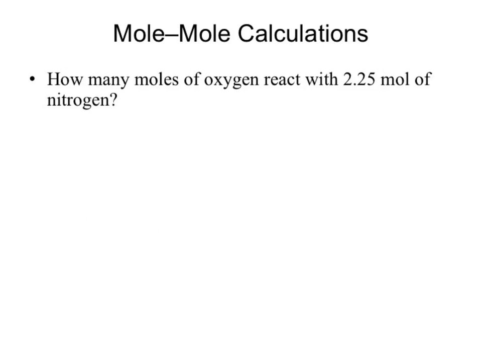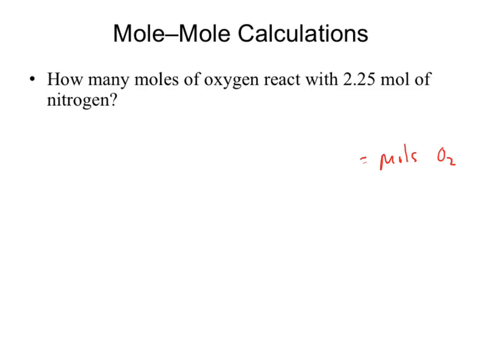Okay? So how many moles of oxygen react with 2.25 moles of nitrogen? Is this a question that you guys can answer? What are we trying to do? Our answer needs to be what? Moles of oxygen.